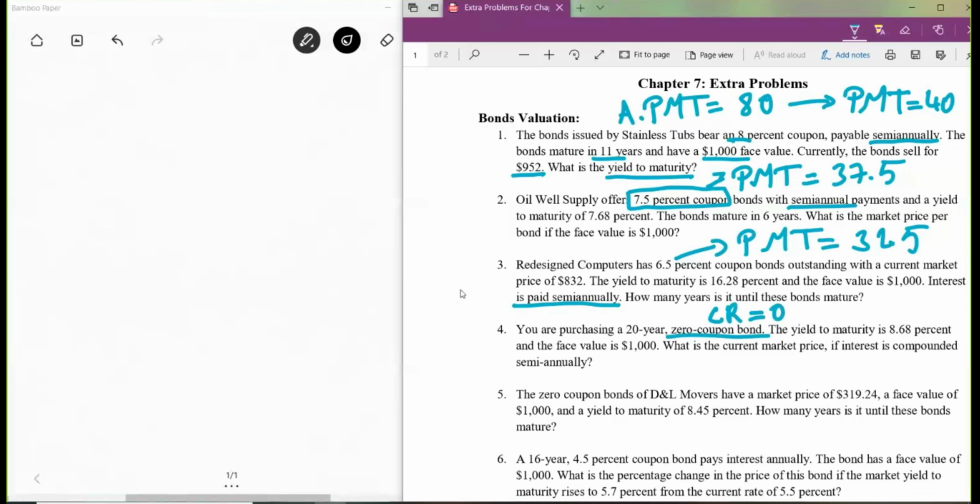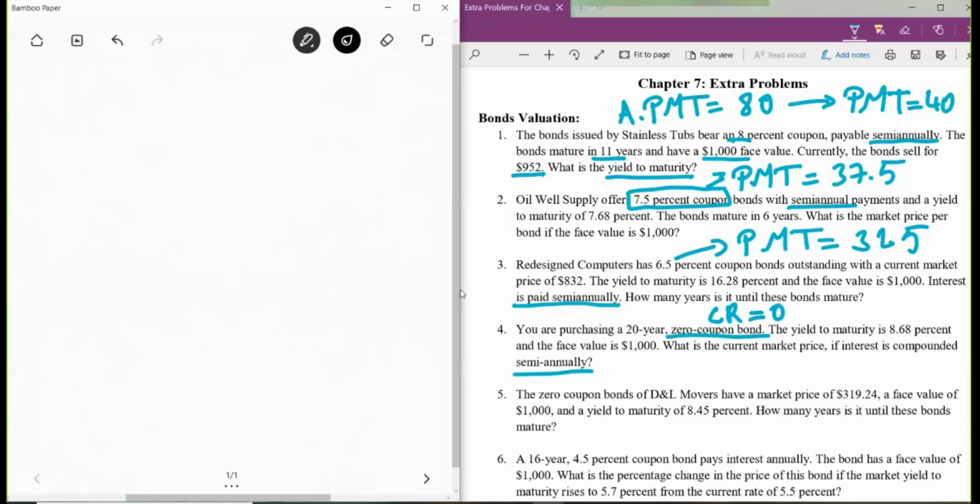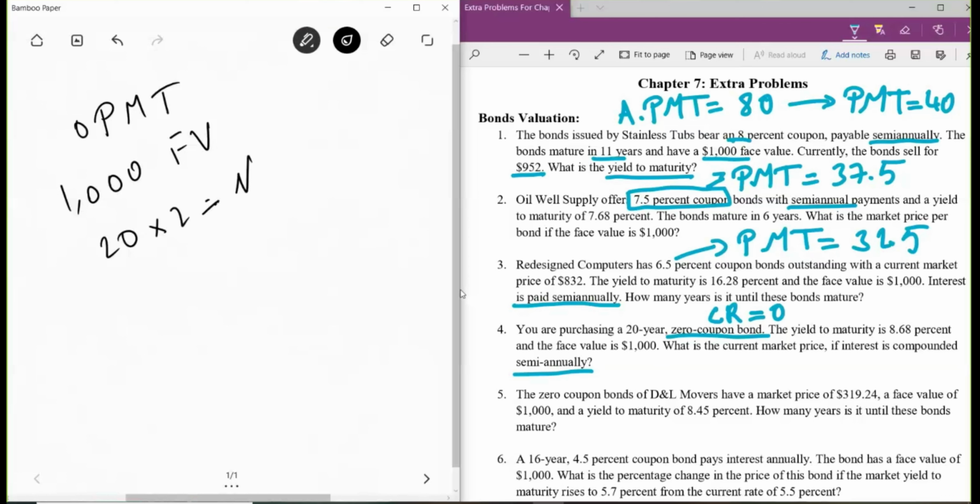I need to find the price of the bond if interest is compounded semi-annually. So now I have nothing for the payment. I have 1000, this is FV. I have 20 years, but because I have semi-annual compounding, I need to multiply by 2. So 40 is N.